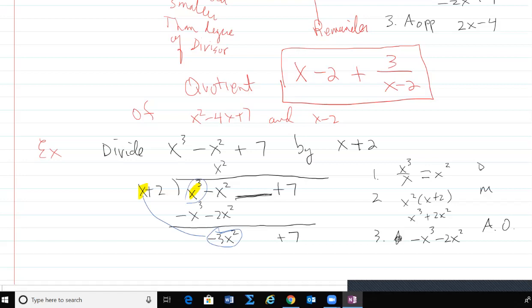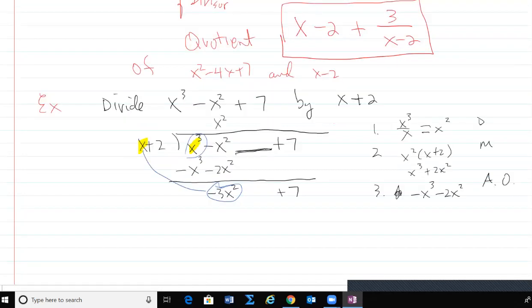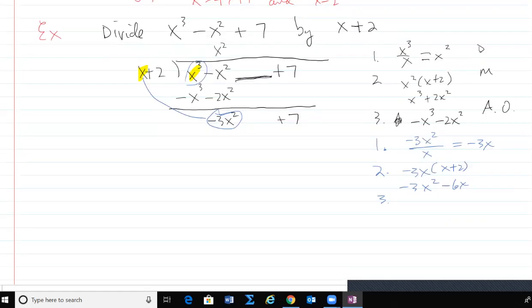So in your next step, you're going to do, first of all, negative 3x squared divided by x, which is negative 3x. Second, you'll multiply negative 3x times x plus 2. That's a negative 3x squared minus 6x. Third, you will add opposite.